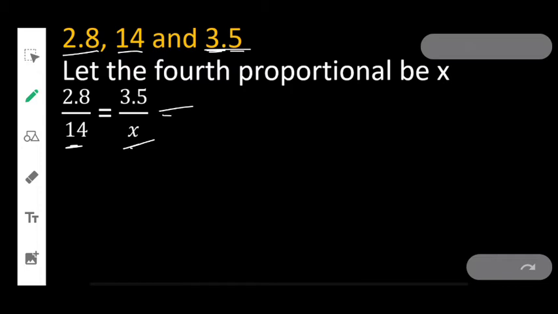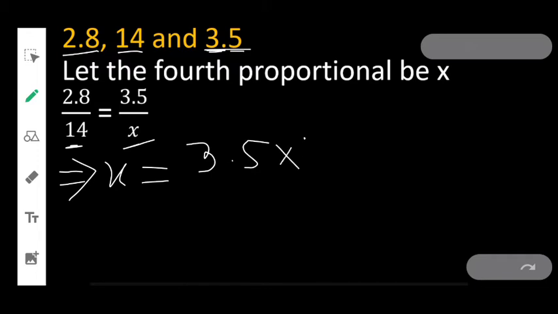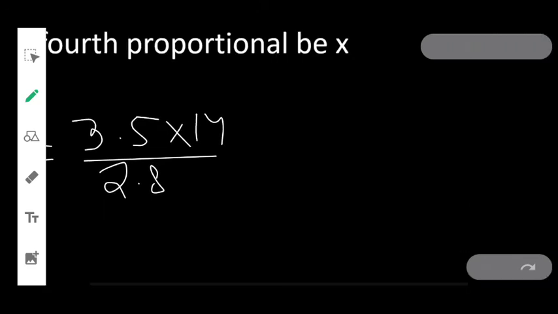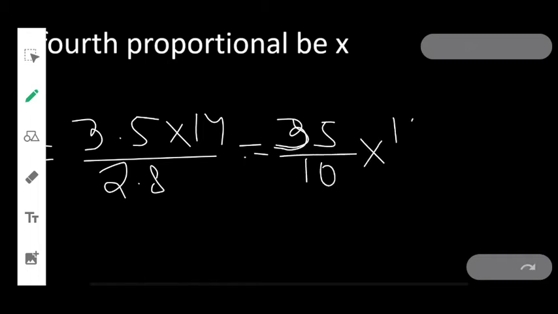Now x equals 3.5 into 14 by 2.8. Clear? Now this will be 35 by 10 into 10 by 28 into 14.